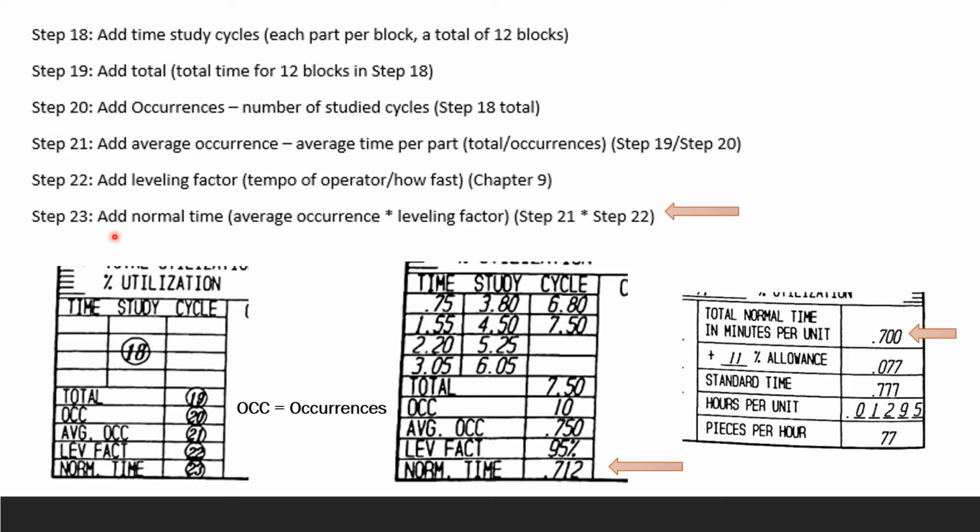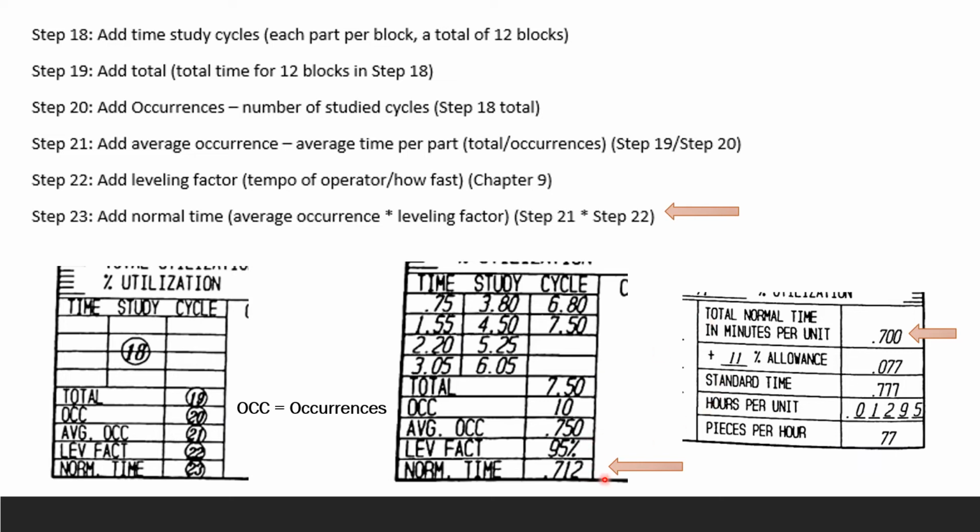That normal time is on step 23, and that's nothing but your average OCC times your leveling factor, which depends on the operator tempo. You're going to get 0.712, usually around 90 to 95%. So anyway, 0.712, that's what you get.